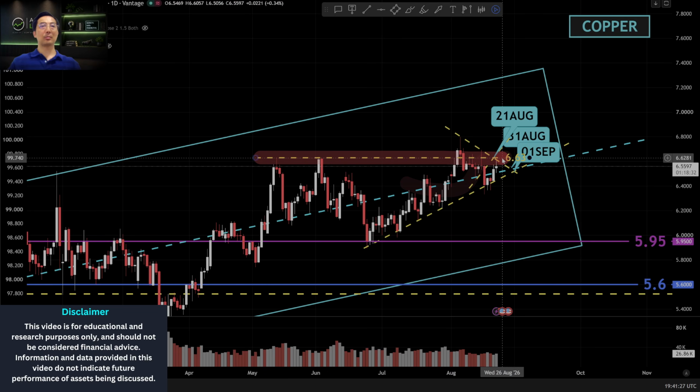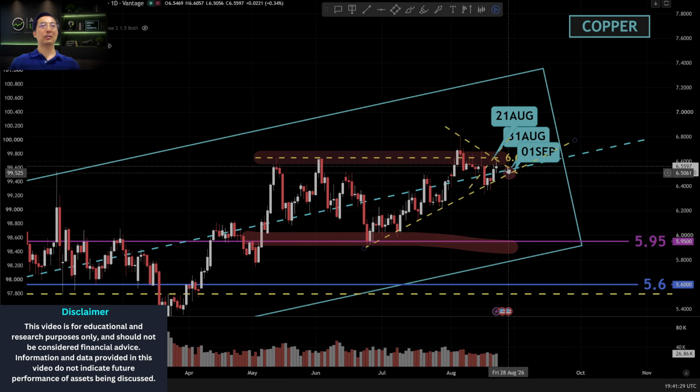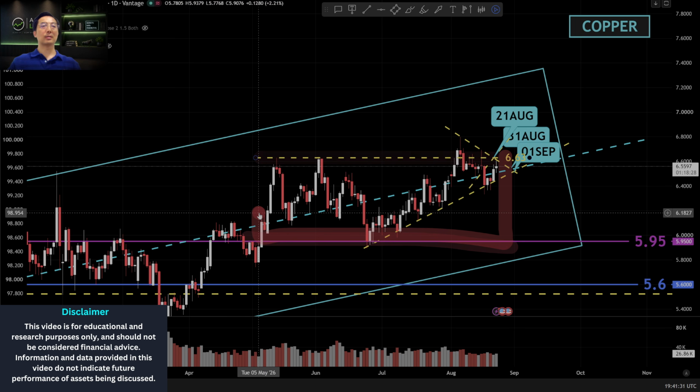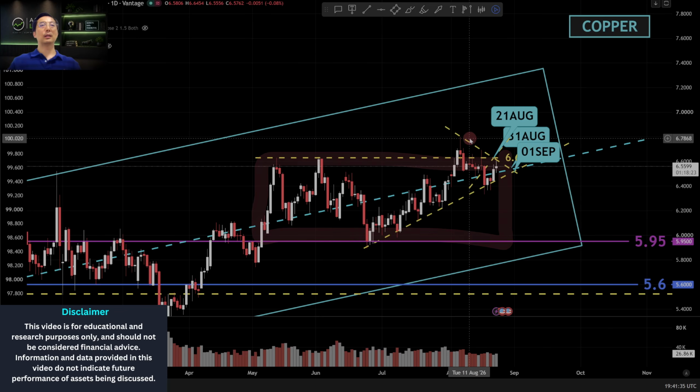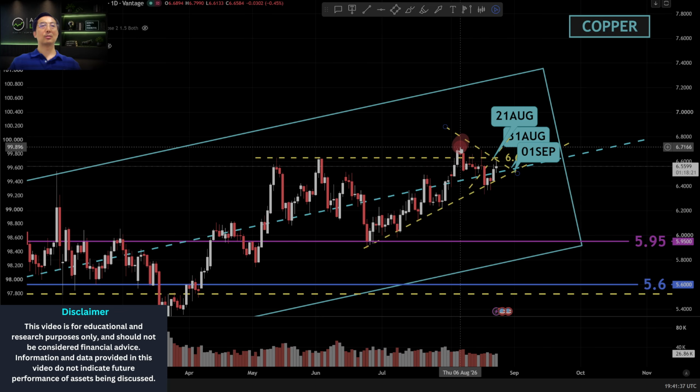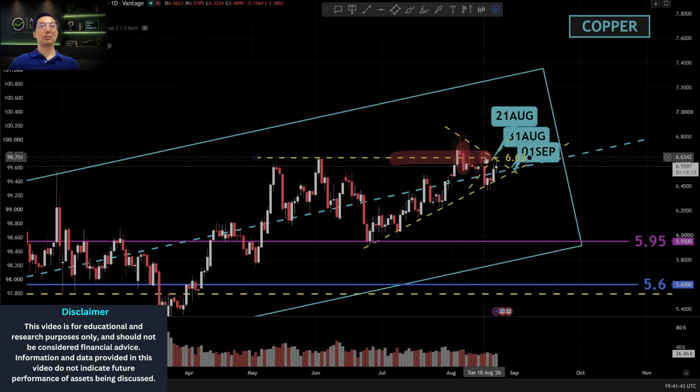If you count from 6.63 to 5.95, that's a sideways range since the beginning of May. It hasn't really broken above it that much, right? It broke out briefly at the beginning of the month, but it quickly returned to the range.